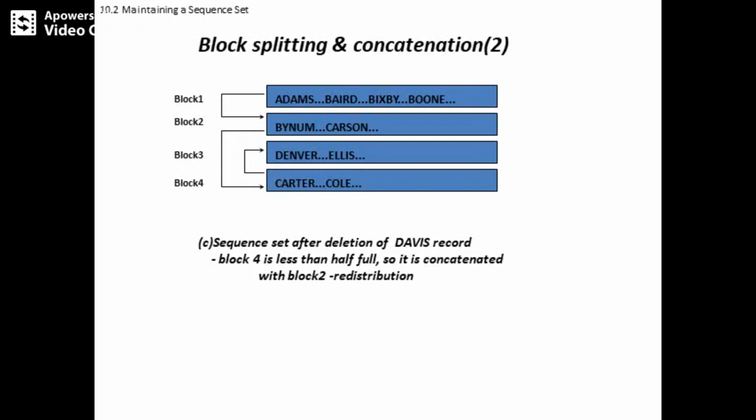So if you have any underflow, then you need to go for either merging or redistribution, as you have done in the B tree concept. And also you need to properly look after these sequences. These sequences should be proper so that the data can be accessed properly.